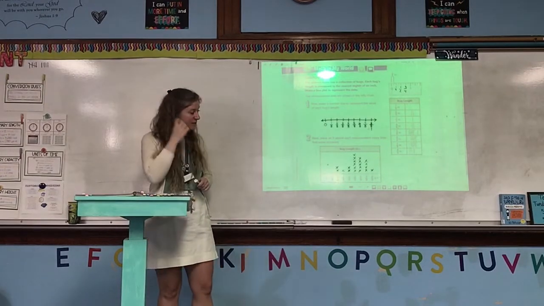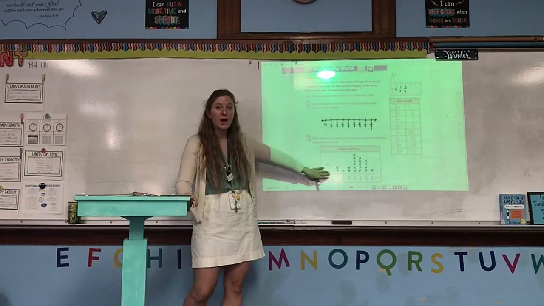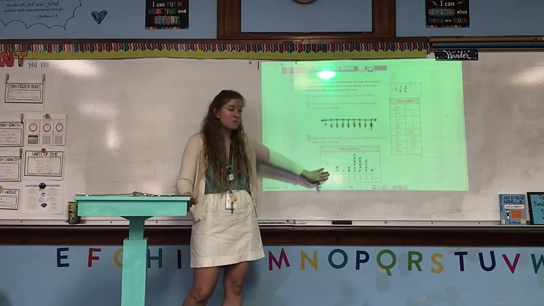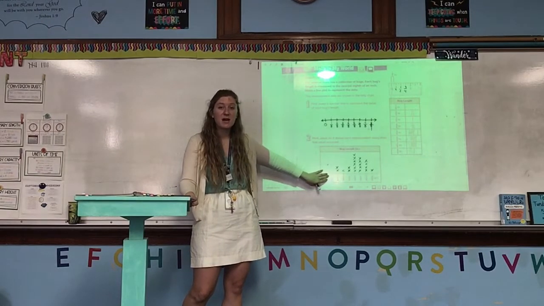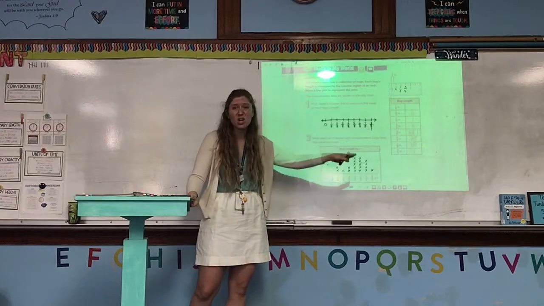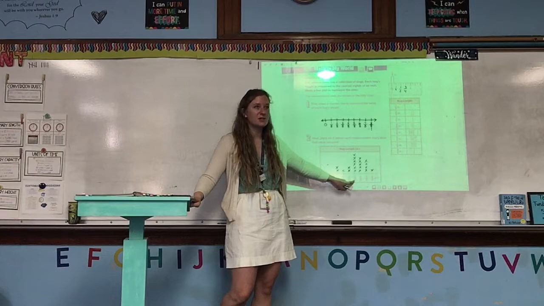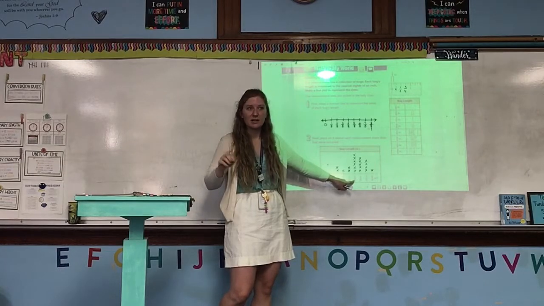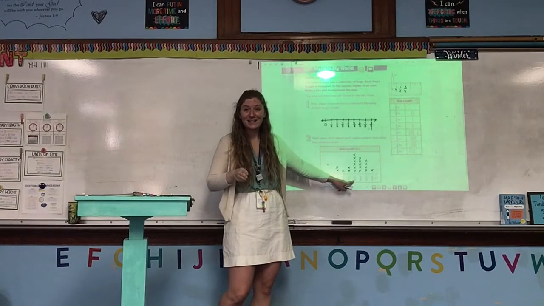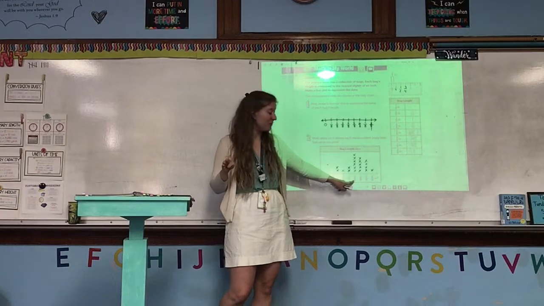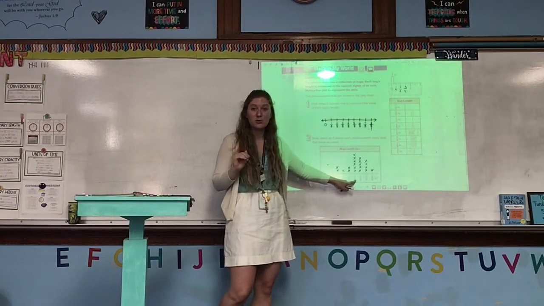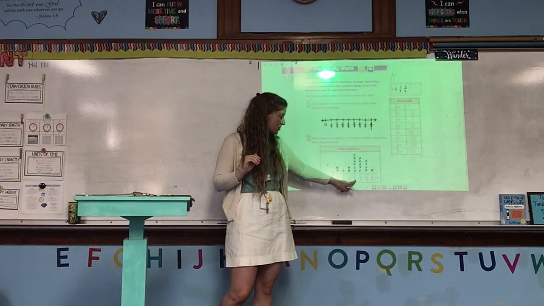So we can look at this problem and, without even having to look at the chart, we can see that the length that had the greatest amount of bugs was 5/8 of an inch. So most of the bugs were 5/8 of an inch.